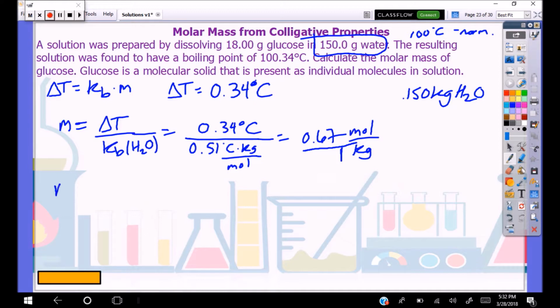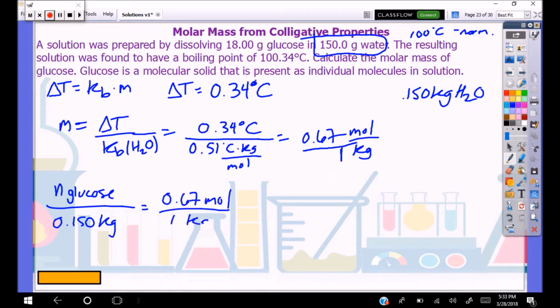We know that the moles of glucose over 0.150 kilograms is equal to 0.67 moles over 1 kilogram. We cross multiply here. We get that n of glucose is going to be equal to 0.10 moles.